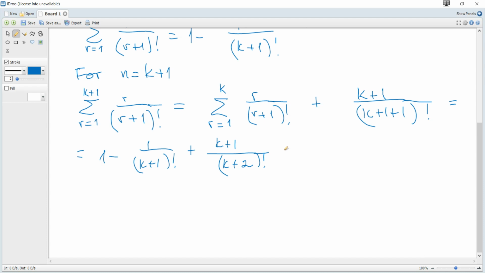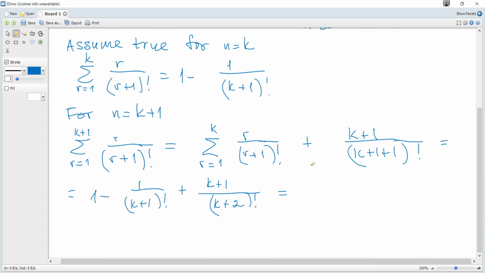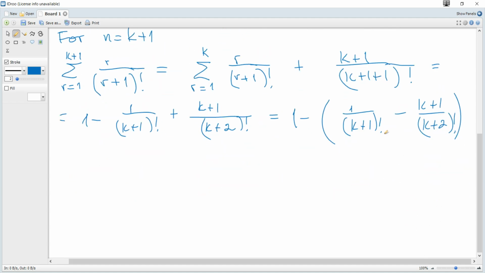And we can see that we can do a common denominator, but be aware because there is a minus here, so since we need finally 1 minus, we can do the next 1 minus, and it becomes 1 over k plus 1 factorial minus k plus 1 over k plus 2 factorial, and it becomes 1 minus, common denominator is k plus 2 factorial.